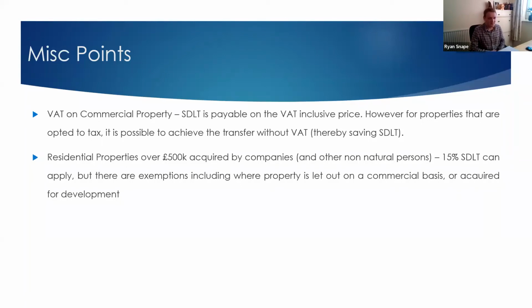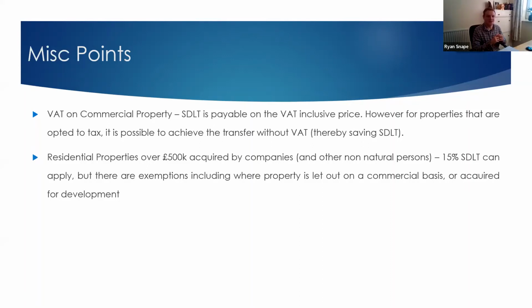There are exceptions for this piece of anti-avoidance where there's going to be a perfectly commercial reason for the properties being acquired, such as where those properties are going to be let out by the company, or where those properties are being acquired for development. Apologies, there's a typo there. And several other reasons. But if there's a commercial reason for the company acquiring the properties, then this piece of anti-avoidance isn't going to apply.